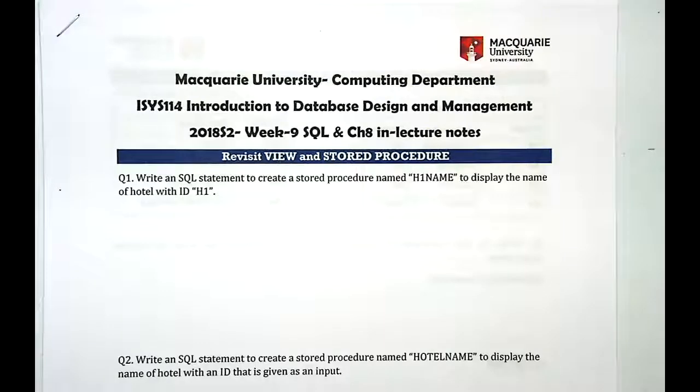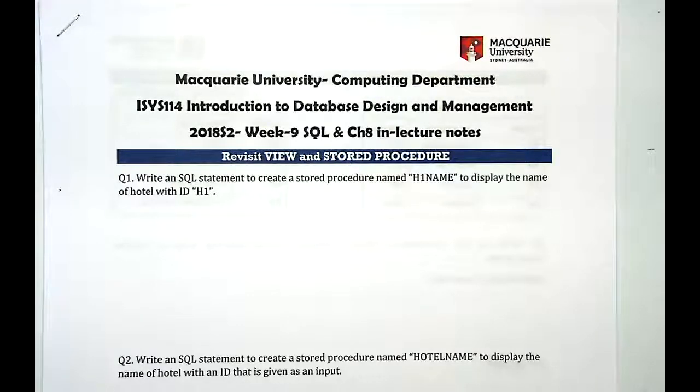Today in the class, maybe in the first hour or so, we will finish SQL, which is the second module of this unit. As I told you before, this unit has 3 modules. The first one is database modeling, how we design a database. The second part, which we have been doing for 4 weeks now, is database implementation using SQL, how we can create tables and run queries to insert and extract data.